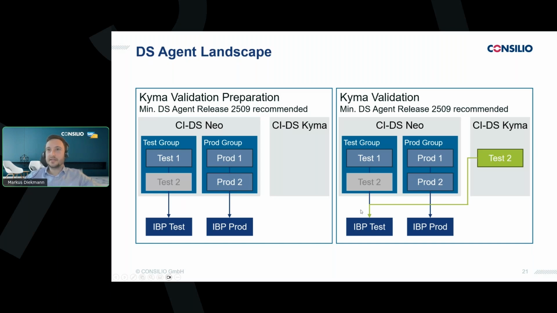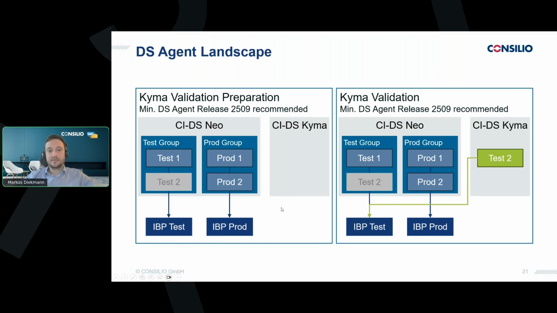Looking at our data service agent landscape again, we have created the second agent in the test group, which we would like to use for the Kyma validation. The task is that we reroute this agent from the Neo environment URL to the new Kyma environment URL.